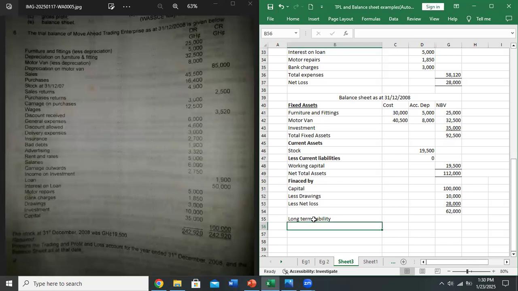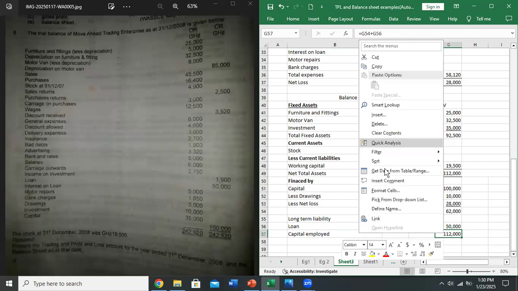We had a loan, and the loan is 50,000. So we add it together and we'll get a capital employed of 112,000.